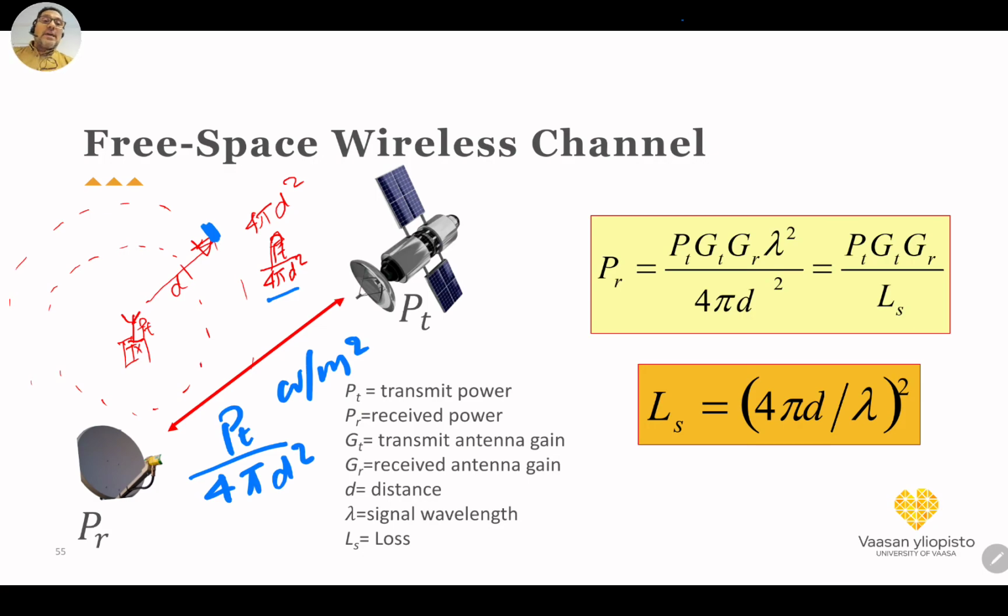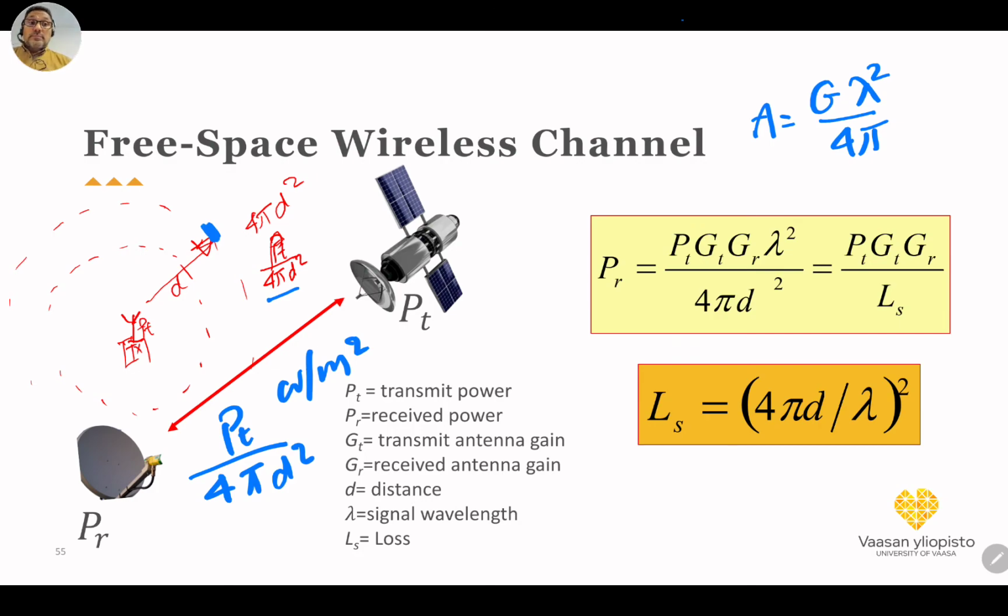The effective area of the antenna, if we call it A, is equal to the gain times lambda squared divided by 4 pi. Lambda is the wavelength. We talked about this in the previous clip. For all antennas, this relation is valid. So it is the antenna gain multiplied by lambda squared divided by 4 pi.